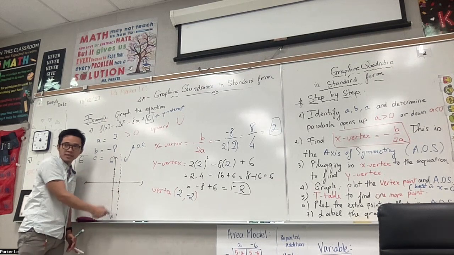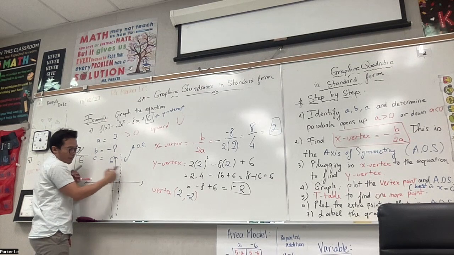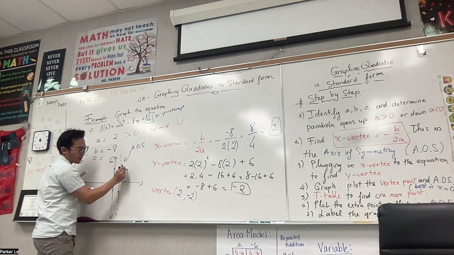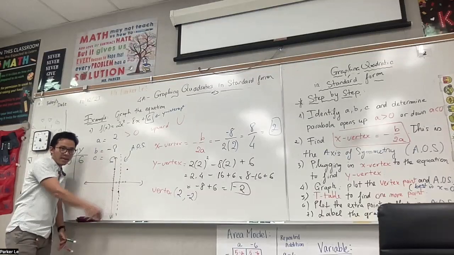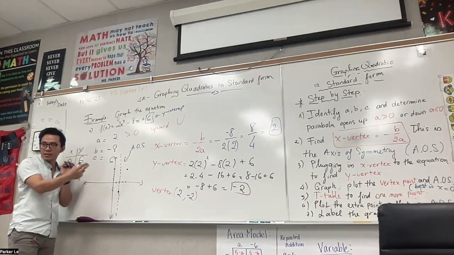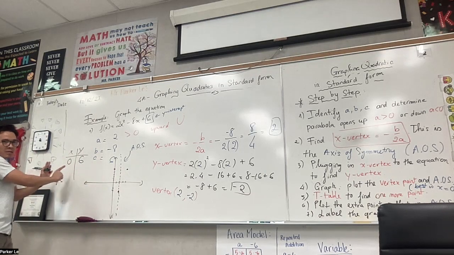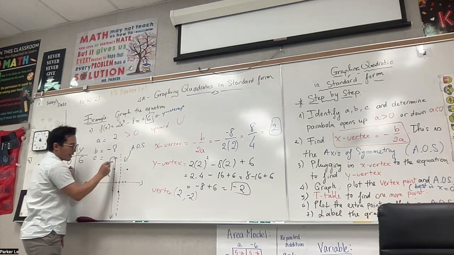That's the function of the AOS. This point is 2 away from the axis, so I go 2 on the other side at the same height. If you found one point, you can flip it to get the third point. That's it.